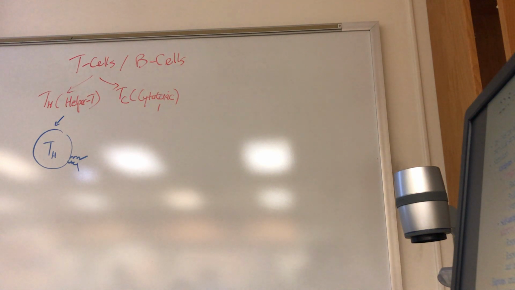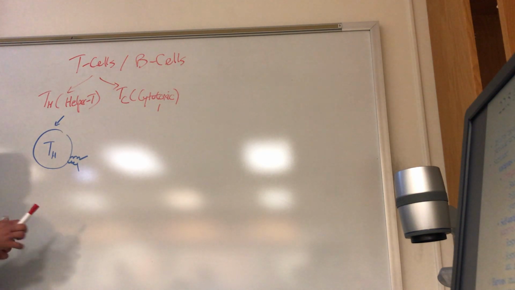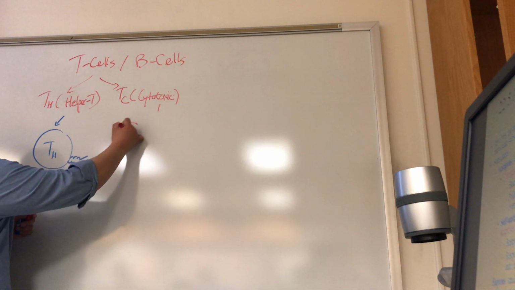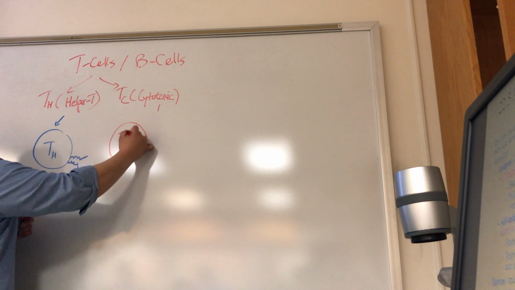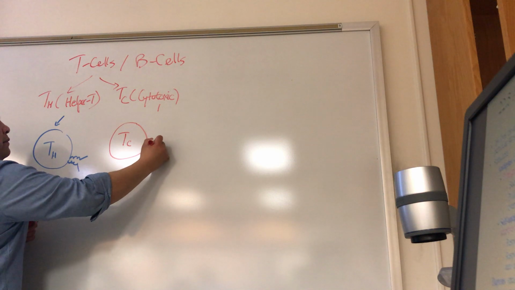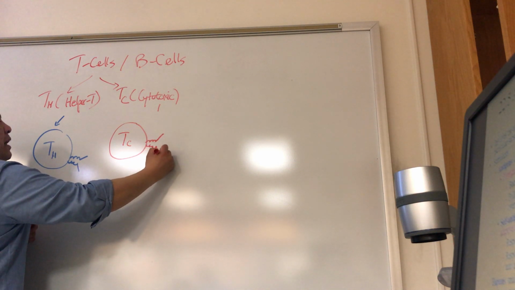So I have these T cell receptors, and they're going to be very specific for a given shape of an epitope. And the shape can be something that is triangular, right? It's the shape of the proteins that is expressed that's important. Now, cytotoxic T cells also have T cell receptors, and they recognize specific shapes as well.